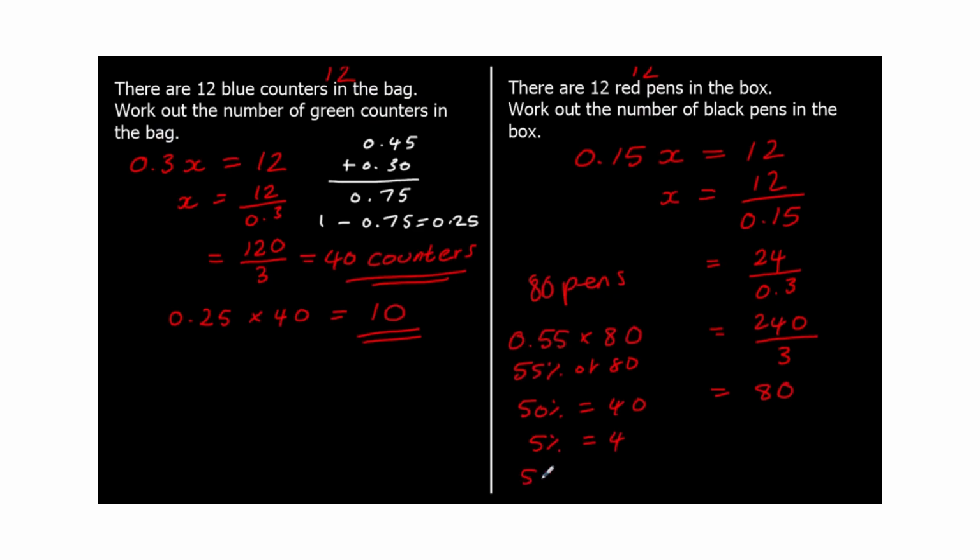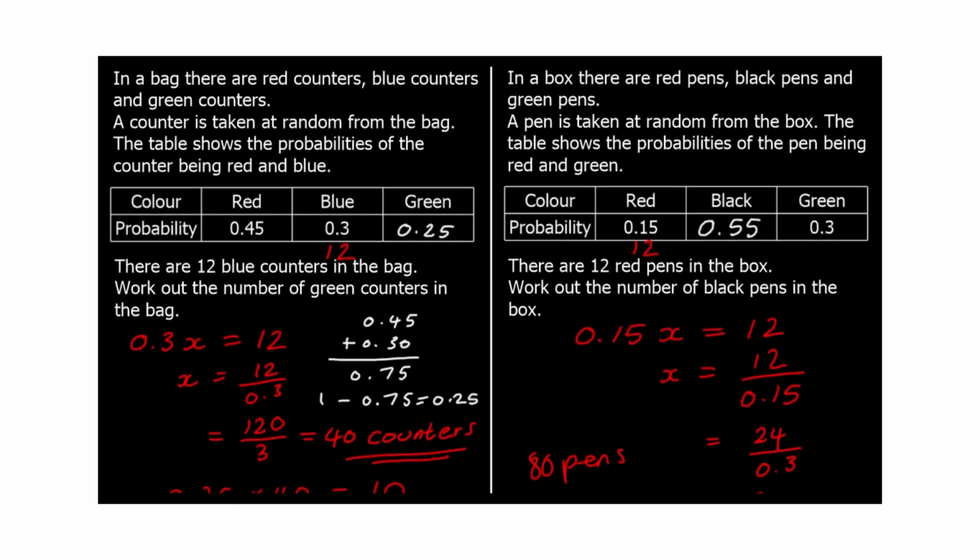So 55% must be 44. There must be 44 black pens. There was probably a much easier way of doing this. If we had said 15% is 12 pens, I could have divided by 3 and said 5% is going to be 4 pens. So then times 11, 55% is 44 pens. That would have probably been an easier way.